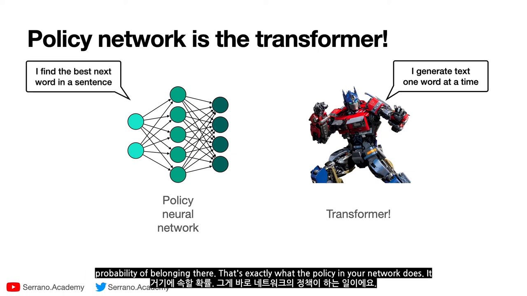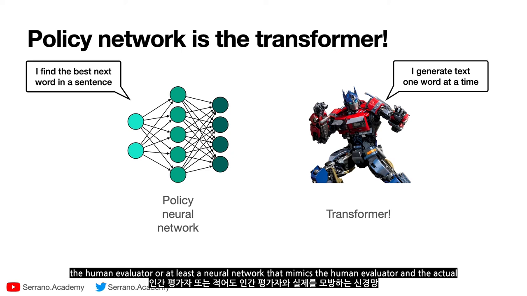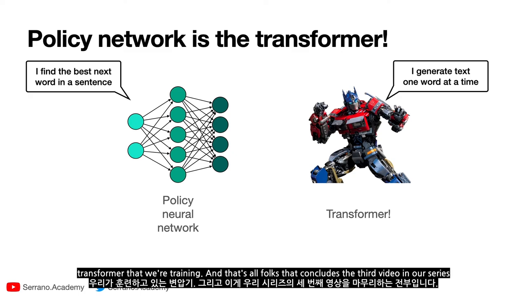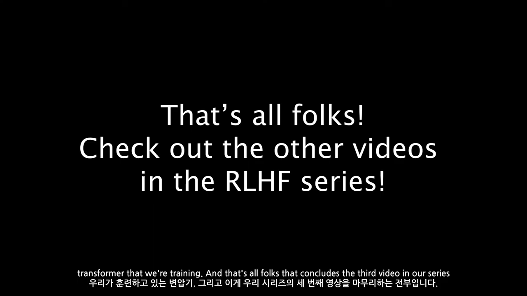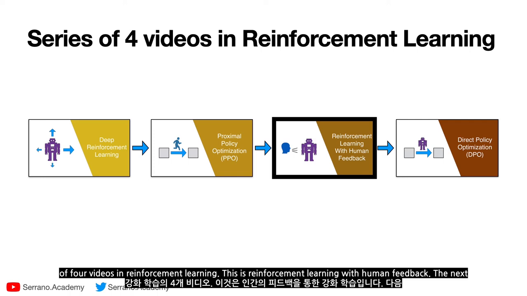That's exactly what the policy neural network does. It finds the best next word in a sentence. So these value and policy neural networks are a disguise for the human evaluator, or at least a neural network that mimics the human evaluator, and the actual transformer that we're training.